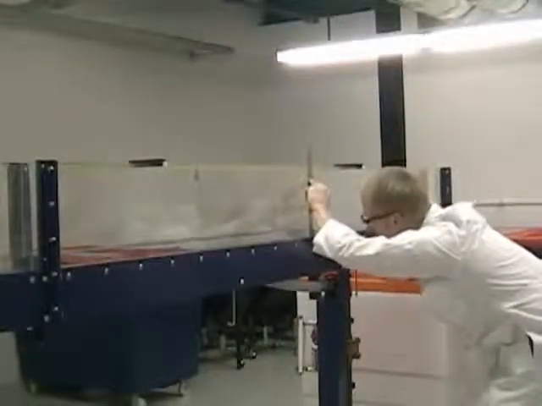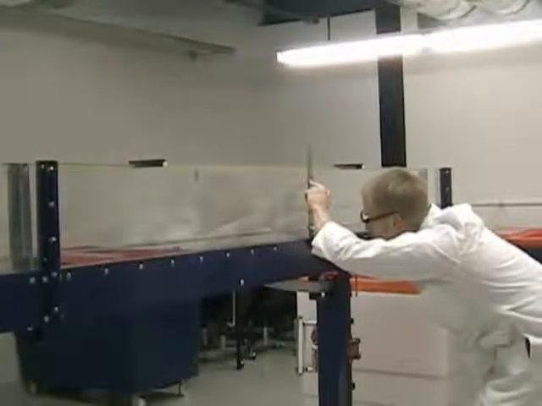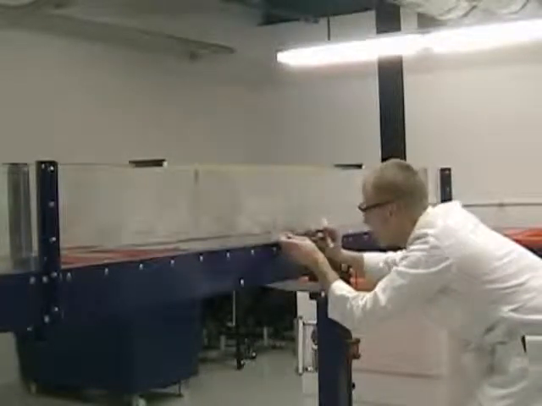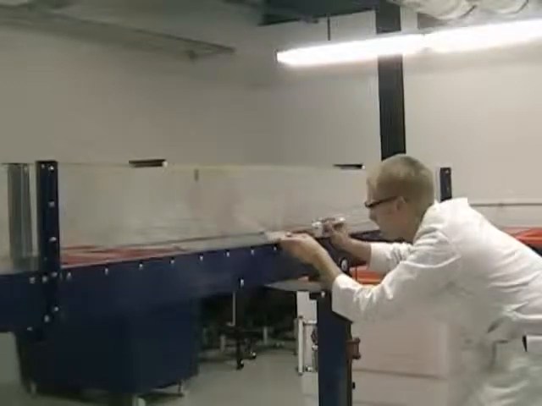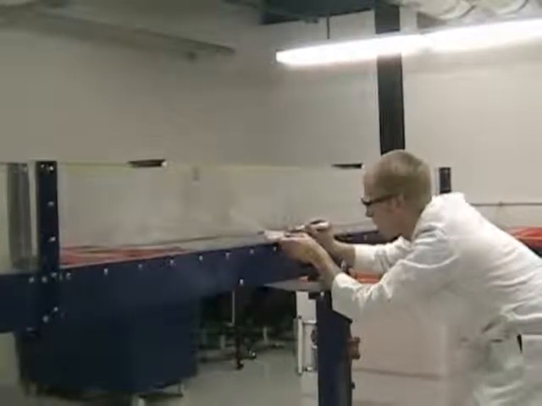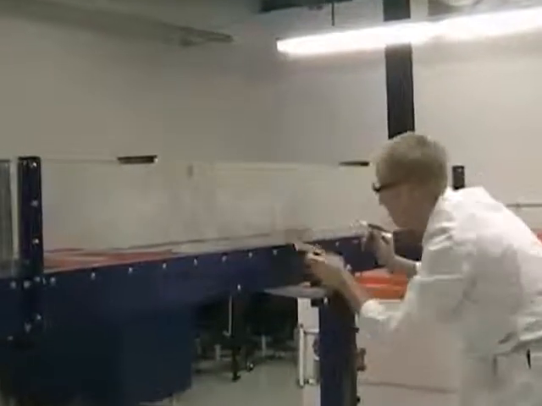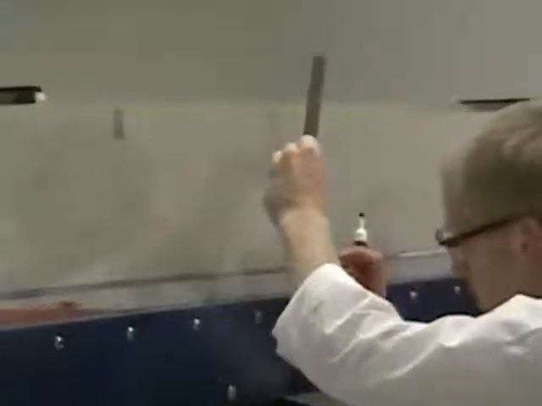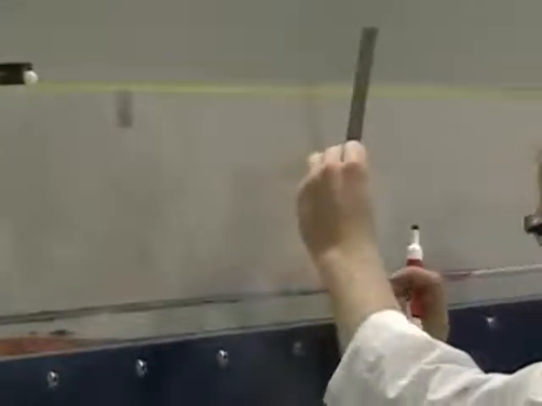To help us create the hydraulic jump, we can mark critical depth on the side of the flume and use it as a reference point for supercritical and subcritical flow. In this case, we see that the flow of water in the flume is at or near critical depth.